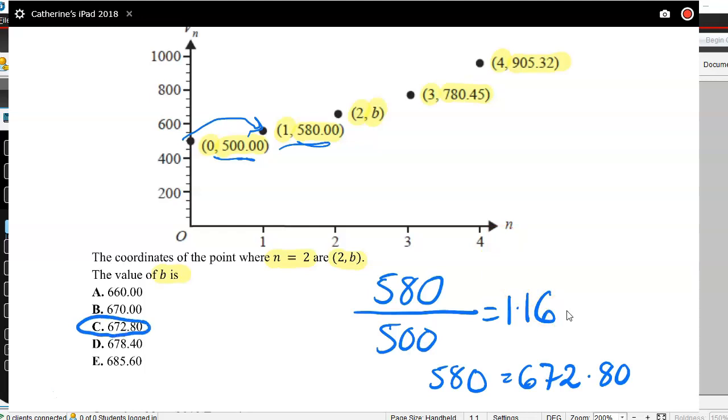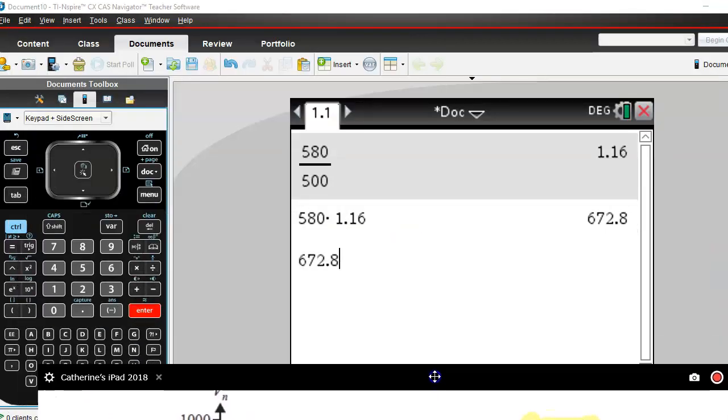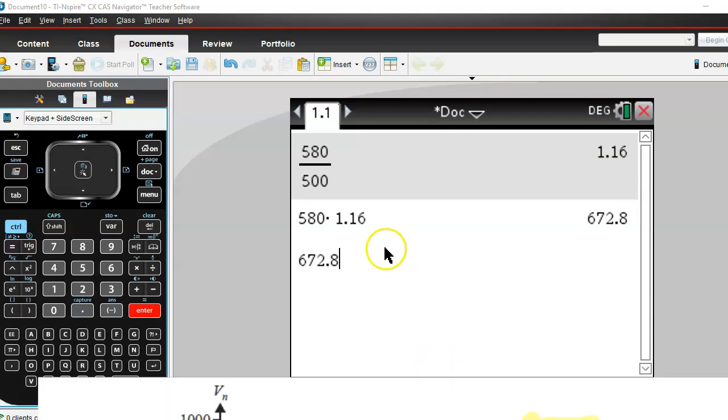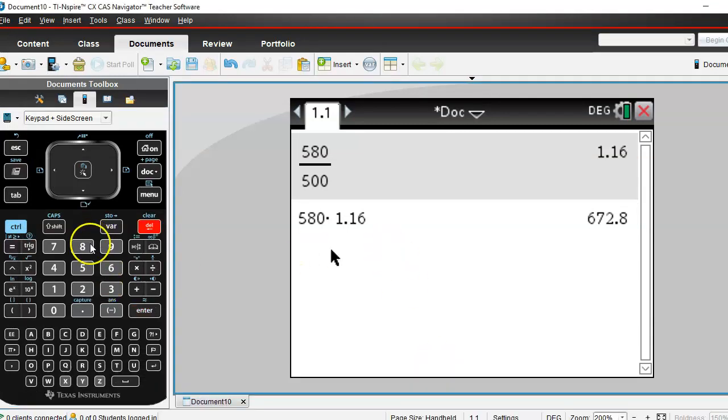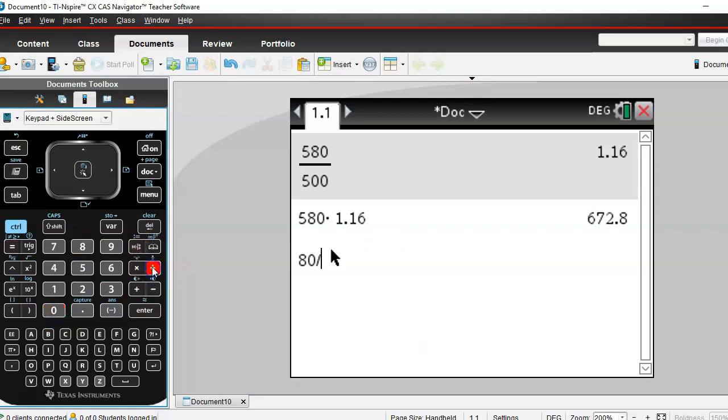I could have also thought about it and thought, okay, it's gone up by $80, hasn't it? So 80 out of 500 is 16%, and it will go up by 16%, so that's 1.16.